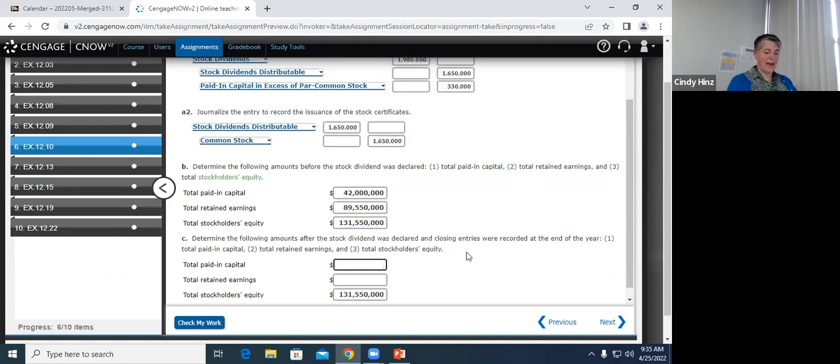We're going to add that to the paid in capital and subtract it from the retained earnings. Again, the totals remain the same. That must be the case because our assets and liabilities were unaffected by this. But what changed is an increase in our paid-in capital based on the market value of the stock at the time the dividend was declared, and a decrease to our retained earnings.